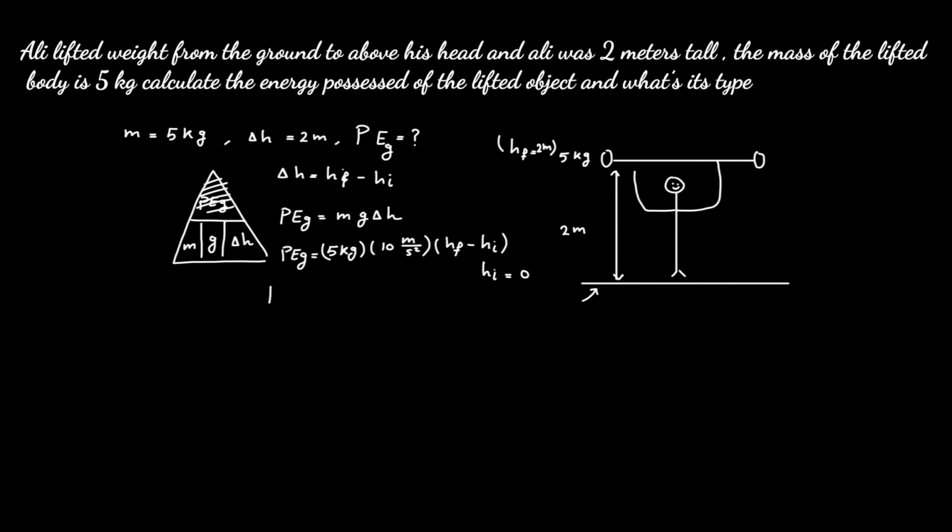Let's substitute. 5 kilograms, same as it is. 10 meters per second squared, same as it is. The final one, which is 2 meters, minus the initial, which is 0. Put all of this on the calculator, of course.